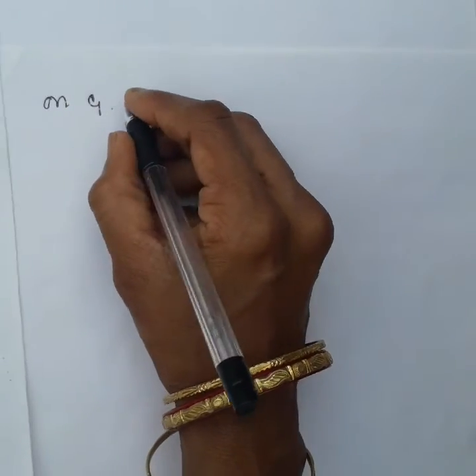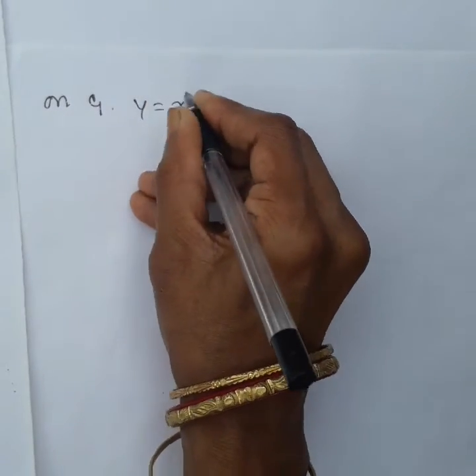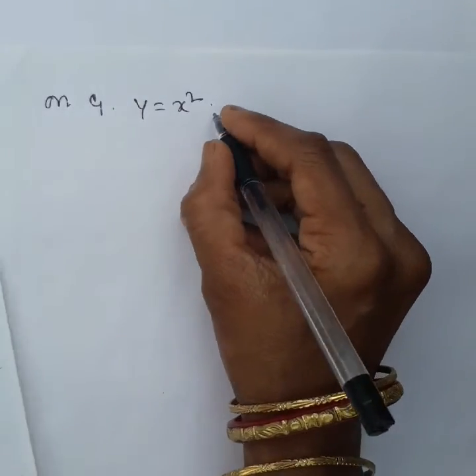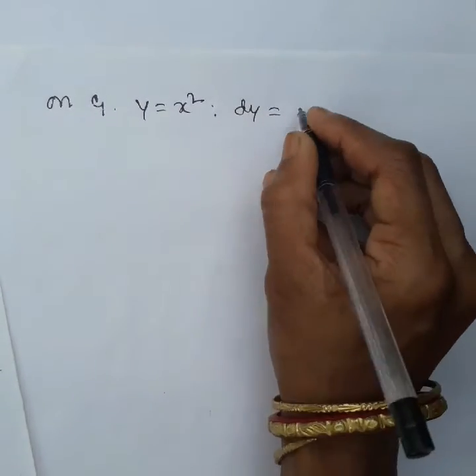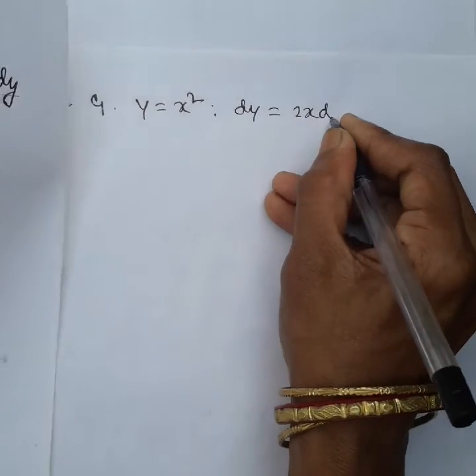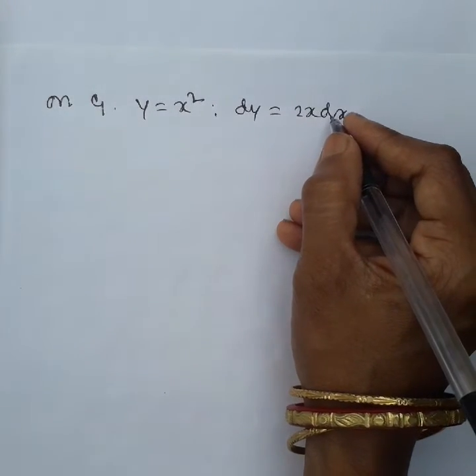On C1, y equals x square, that means dy equals 2x dx.